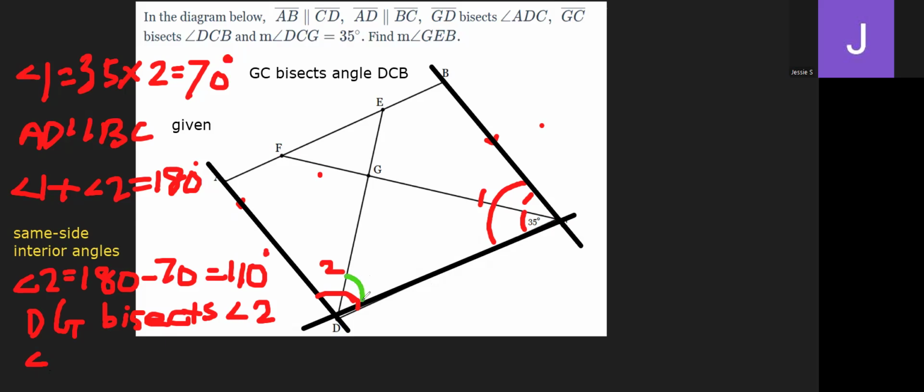So angle 3 is half of angle 2 because DG bisects angle 2. So angle 3 is 55 degrees. Why do we need to find angle 3? Remember, we want to find the missing angle there. Now several more steps before we get to it.